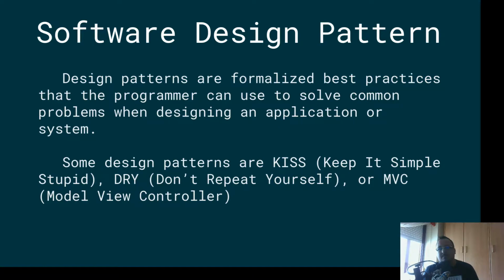For them, we have the KISS principle, which is keep it simple, stupid. That means if you can do things in different ways, just choose the easy way. The DRY principle is also used in React, and it's one of the most used. It means don't repeat yourself.